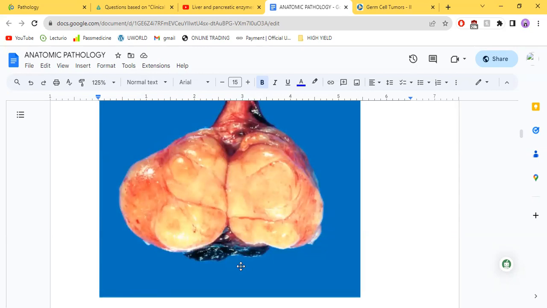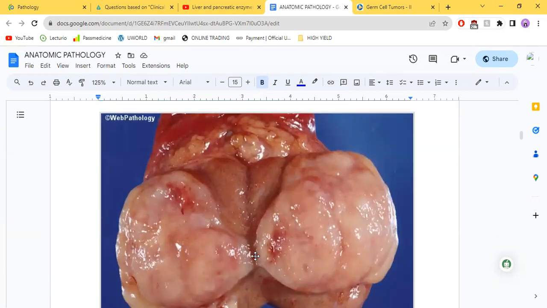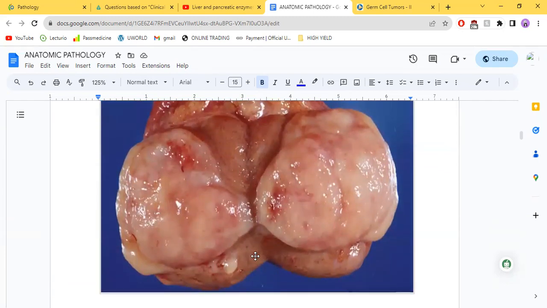Now let's move to the picture below that and describe the morphology. The red areas, probably hemorrhage. Yeah. So what is the underlying pathology?